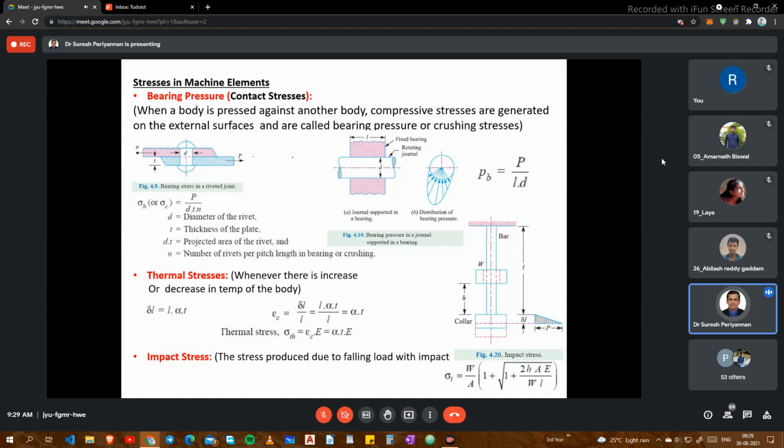Now I'm trying to draw the front view of the journal and bearing. This is my fixed bearing, and inside it is my journal.